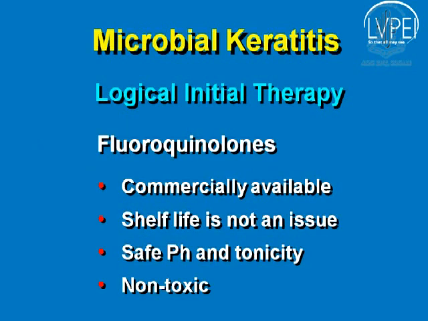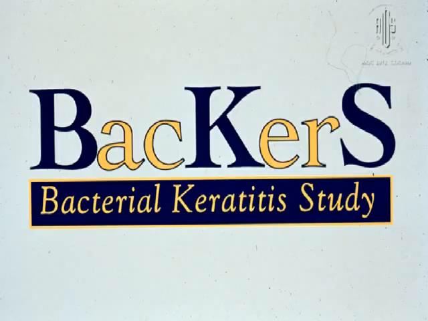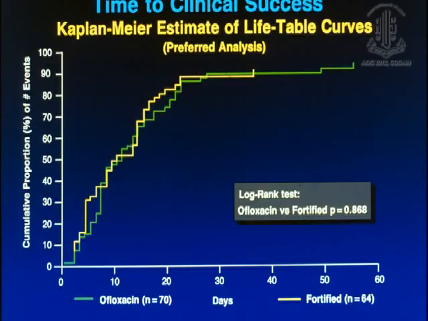Fluoroquinolones, on the other hand, have advantage of being available commercially. Their shelf life is usually long. They do not have issues of pH and tonicity because their safety has already been tested, and they are non-toxic. And this study, which was done way back in 1990, which is known as bacterial keratitis study, proved that fluoroquinolone monotherapy is as effective in eradicating microorganisms in bacterial keratitis as fortified antibiotics.